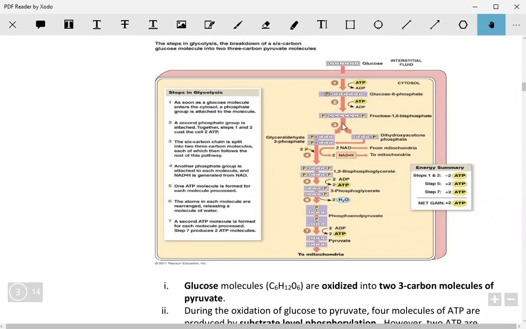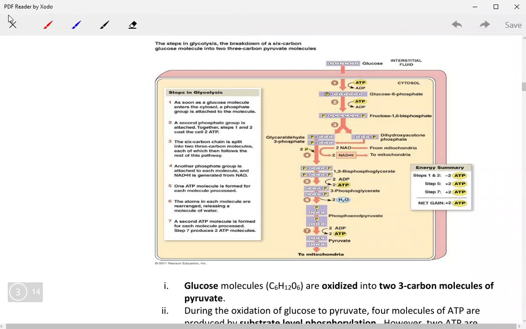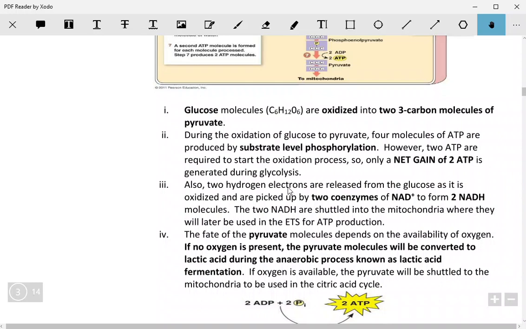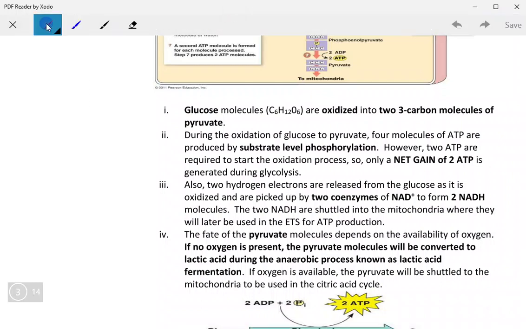It does involve putting energy into the system, meaning using up some ATP, and then also producing some ATP. But I want to draw your attention to this. At the end of glycolysis, the net gain of ATP will be 2 ATP molecules, the net gain.